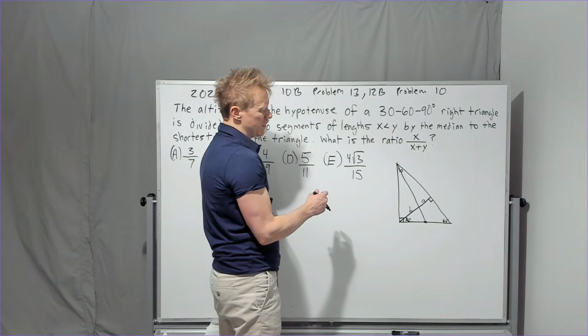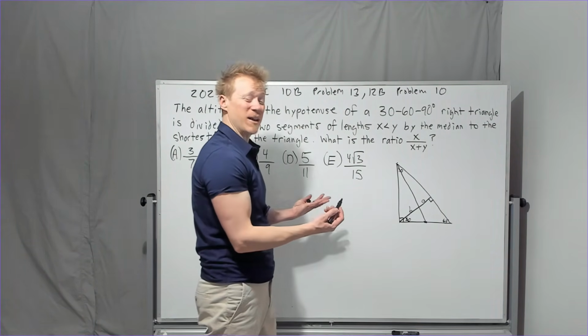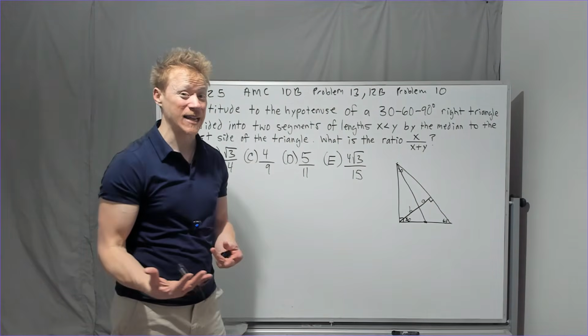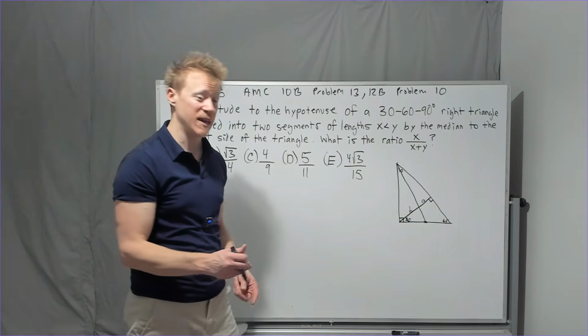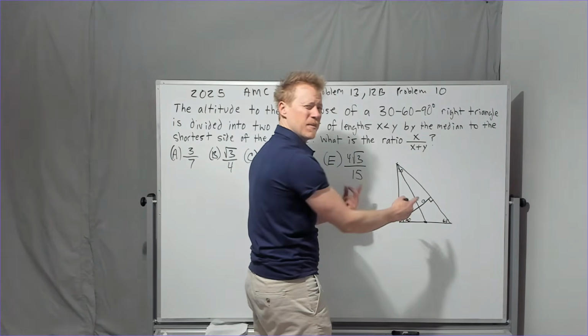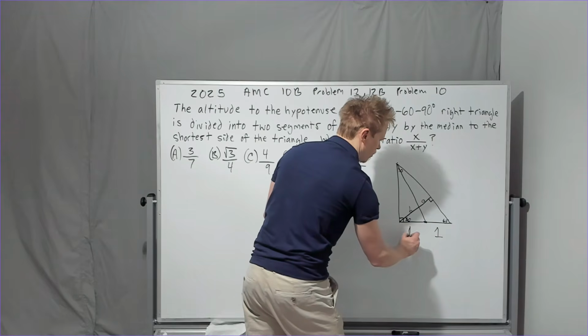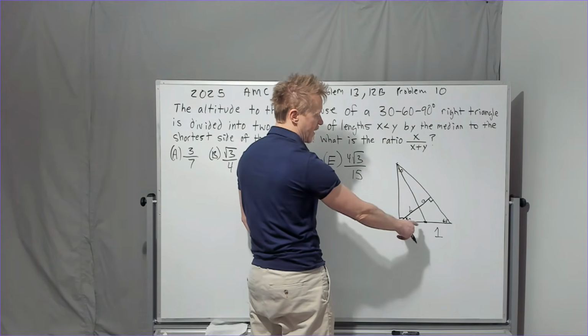Okay, then what? And you say, well, I really don't know. What if I labeled these two pieces? It's a midpoint, right? If they said median, that means it goes from a vertex to a midpoint. Why don't I give these some lengths? I'll call this 1, and I will call this 1. And so now you're going to have 1 and 1, and that's 2.